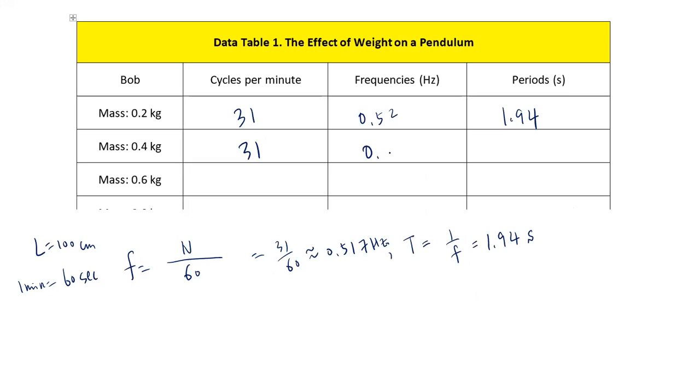I guess, as I mentioned, this only depends on the length of the pendulum, it doesn't depend on the mass of the bob. You can check this kind of statement by doing it yourself.